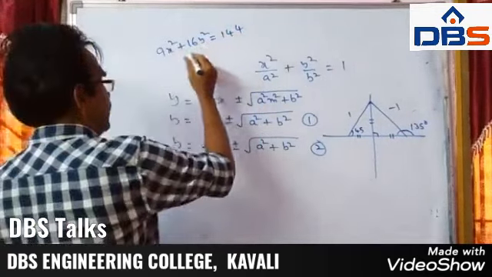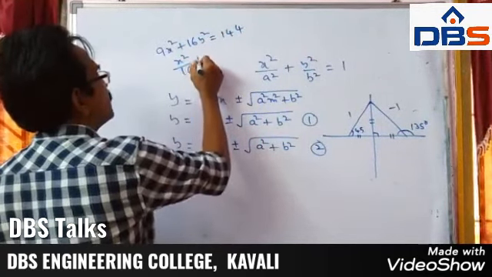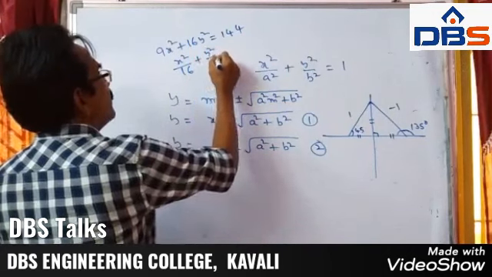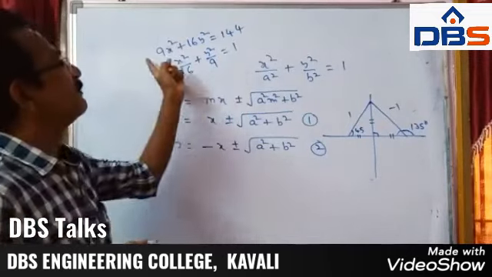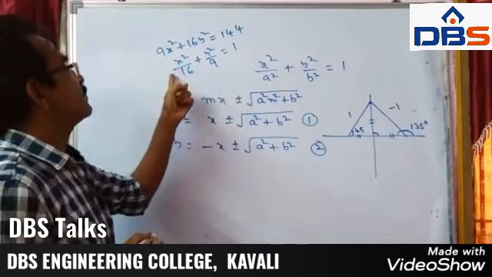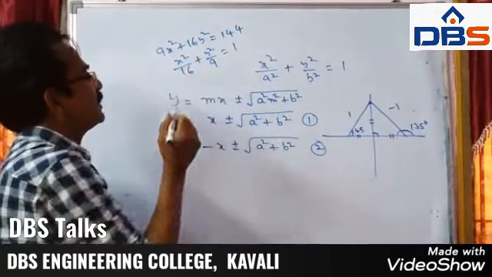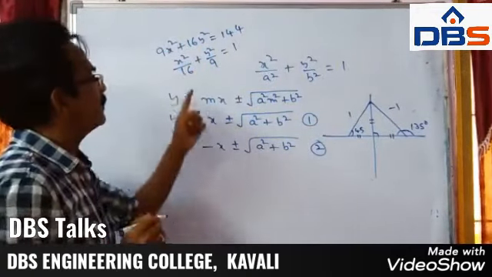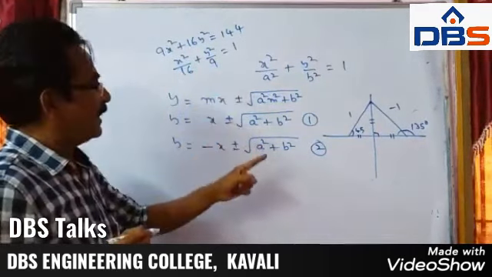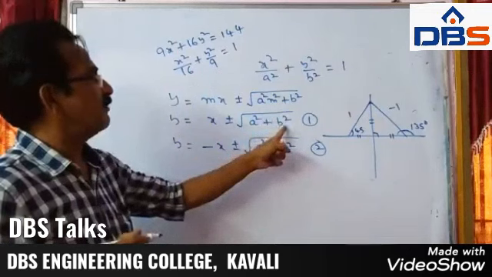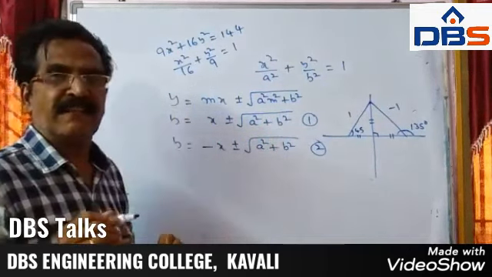On dividing by 144, we get x square by 16 plus y square by 9 is equal to 1. So a square is equal to 16 and b square is equal to 9. On substituting the a square and b square values, we get the required equations.